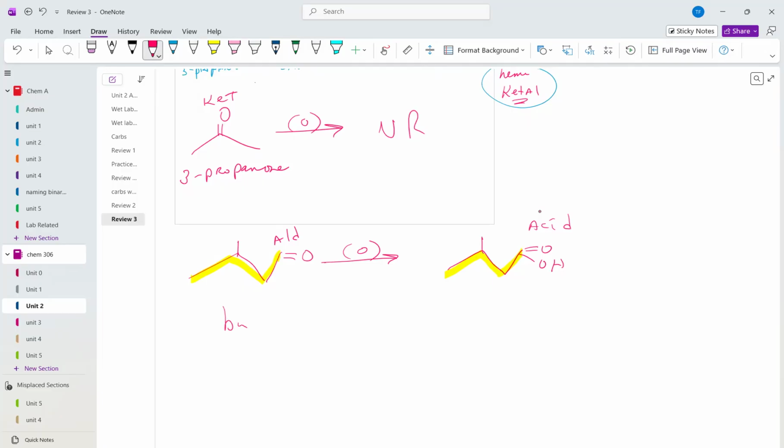That's going to be a butanal with a methyl group on carbon number 3. So that's 3-methyl butanal. Now, for unit test 3, you're going to have to name these acids. So that's 3-methyl butanoic acid.